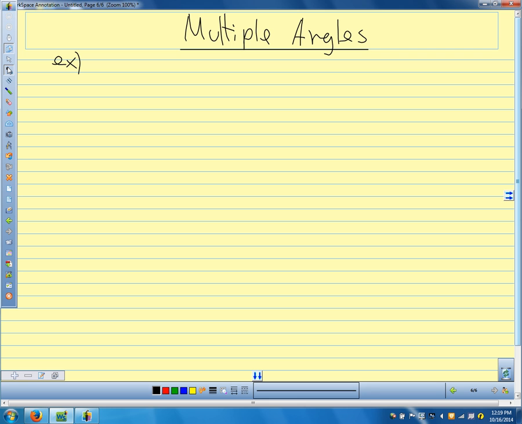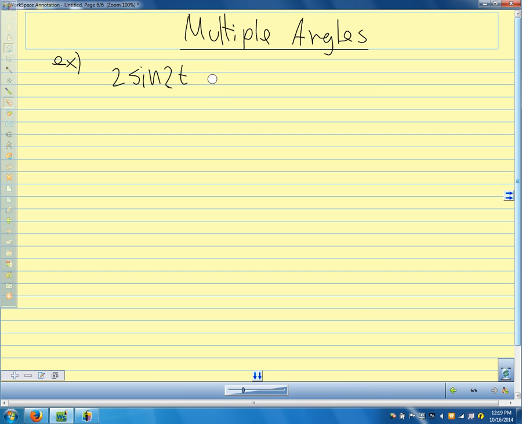So let's look at the example: 2 sine 2t plus 1 equals 0. So here we have a 2t instead of an x. So we have to be careful at the very last step.